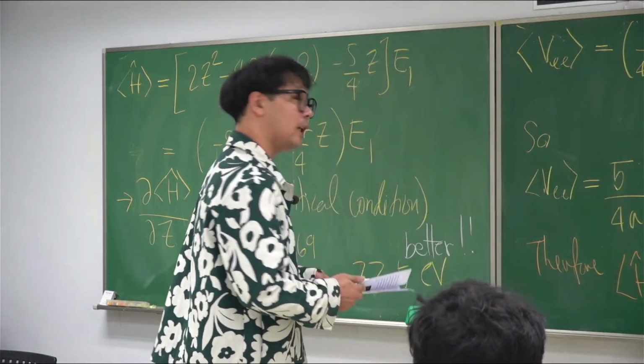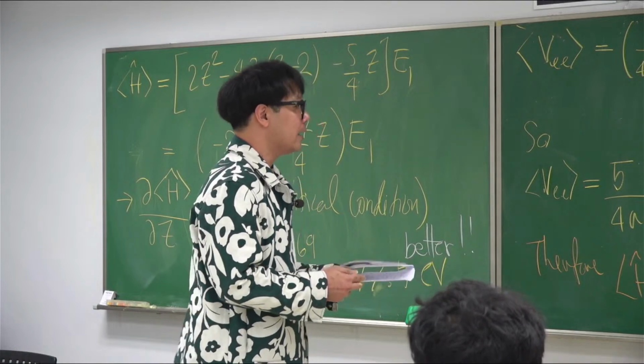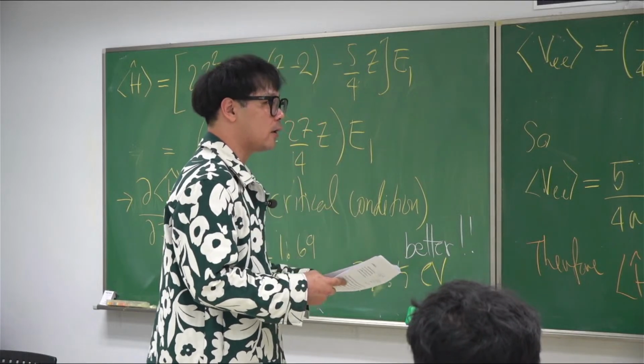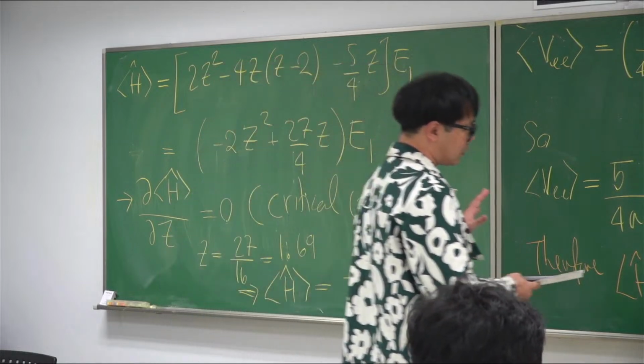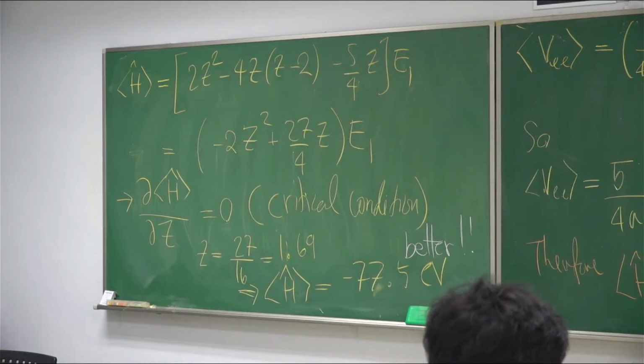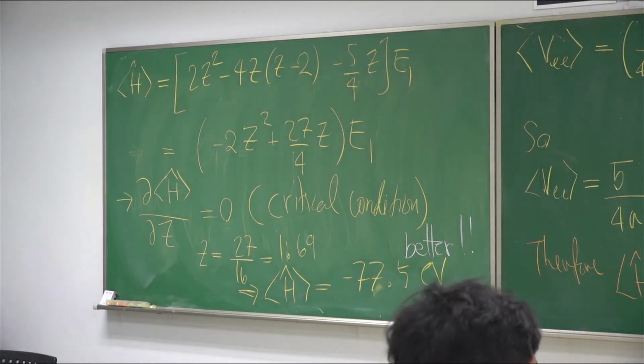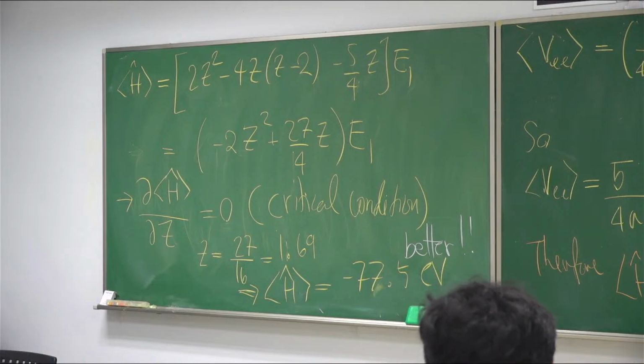That would be all for today. This is a kind of technique of the variational principle. So I'm going to recap again, this technique is used to compute the ground state energy of the system without solving the Schrödinger equation directly.